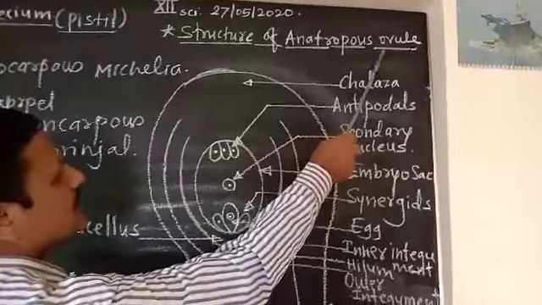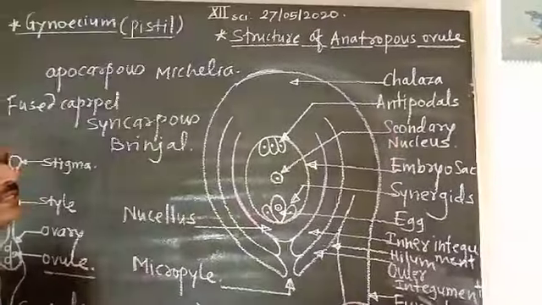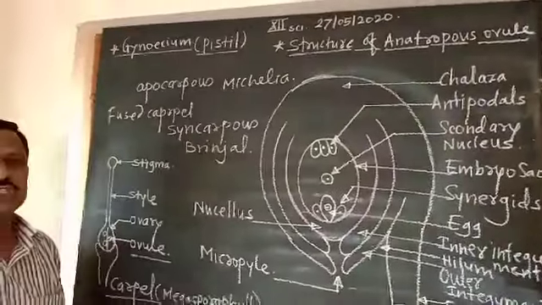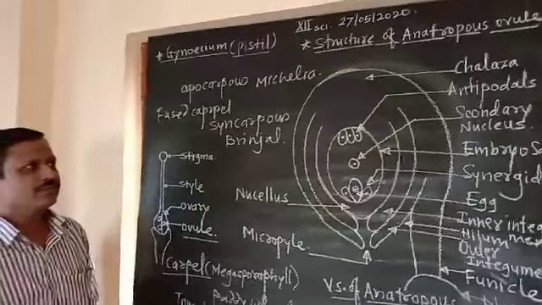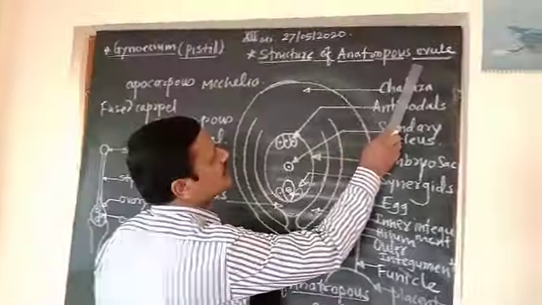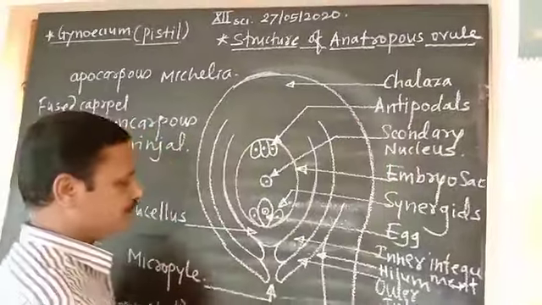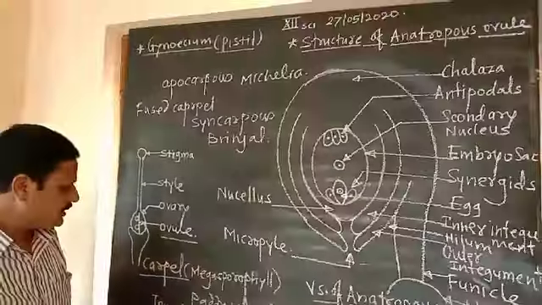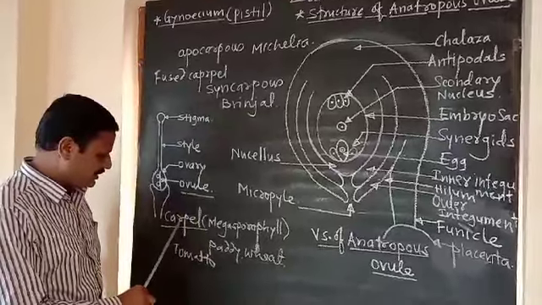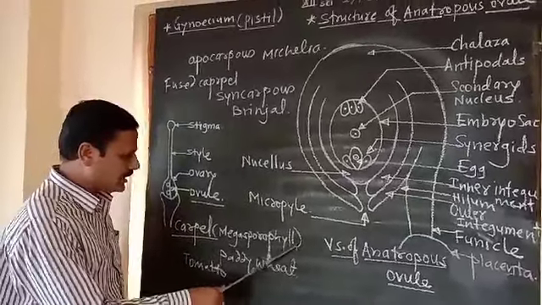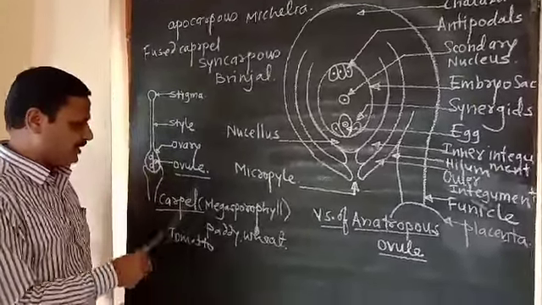The ovule is also called megasporangium, while the carpel is called megasporophyll.